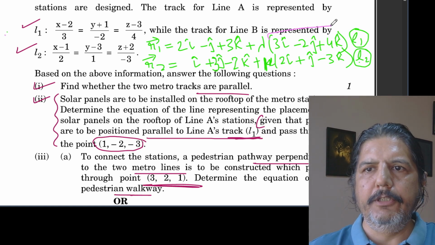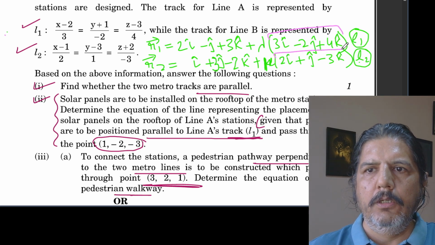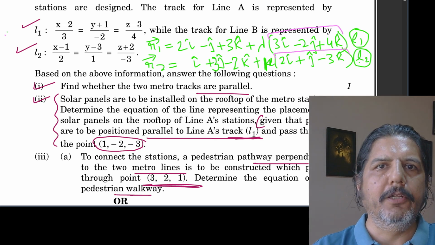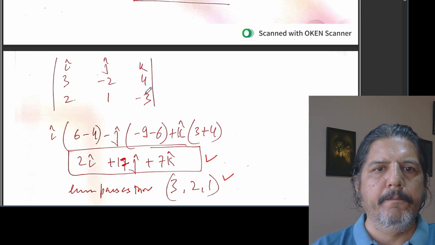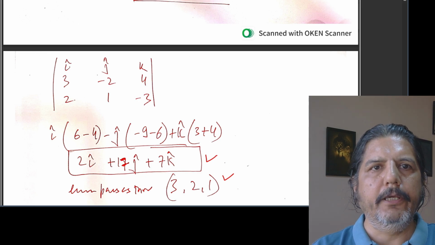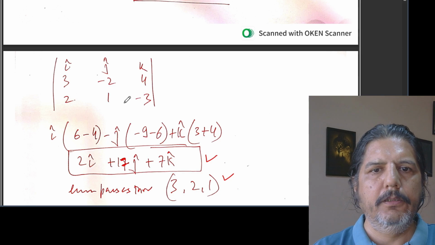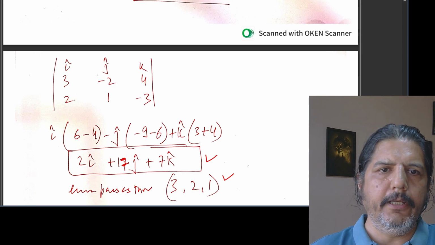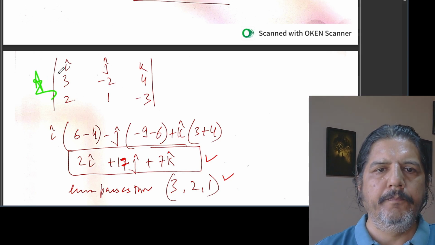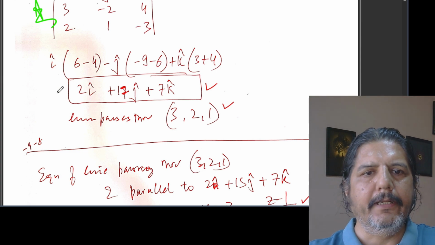The cross product of these two, 3i - 2j + 4k and 2i + j - 3k. So here I am finding the cross product. This is the cross product that I'll get.